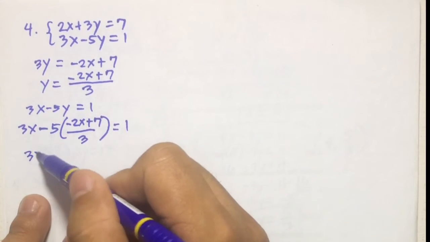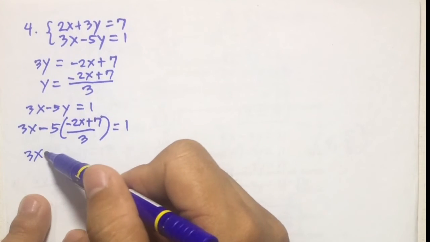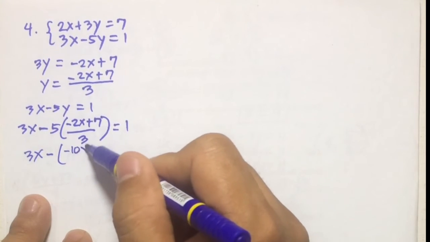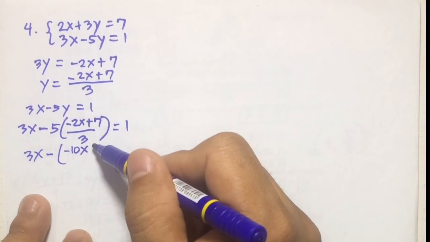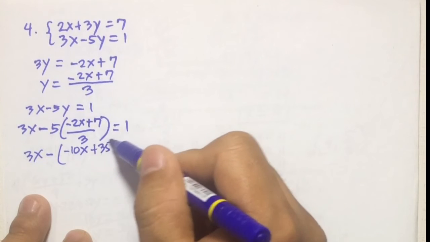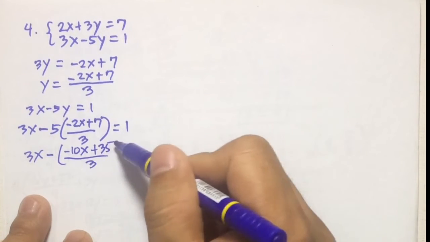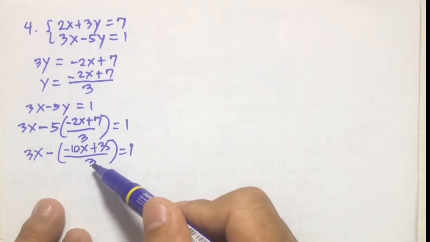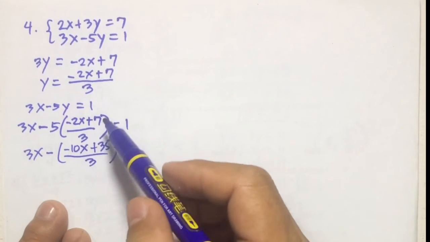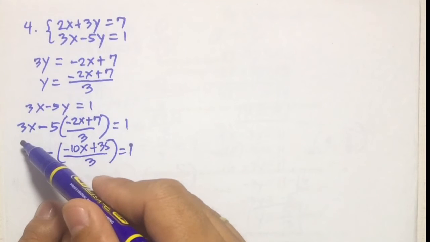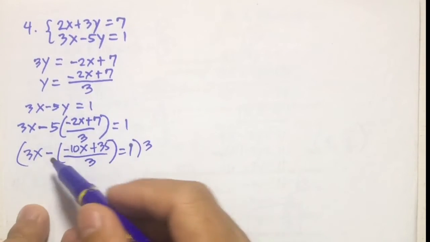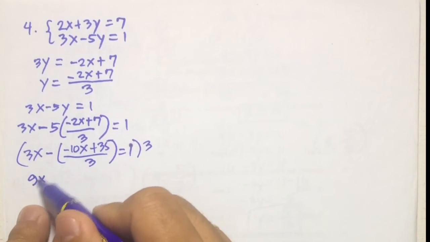So next here is 3x, then minus 5 times negative 2x is negative 10x, then 5 times 7 is 35, so plus 35 over 3. Then this is equal to 1. So eliminating the denominator 3 here, we're going to multiply the equation by 3. So 3 times 3x is 9x.